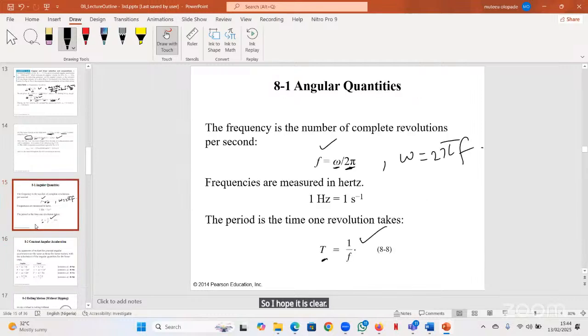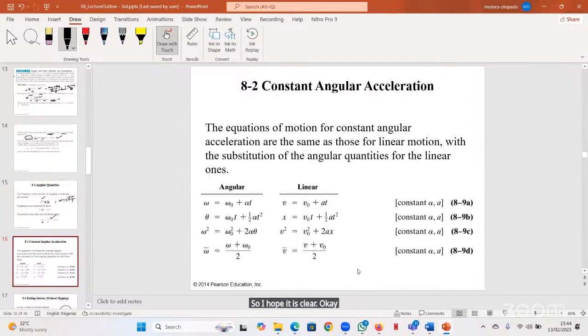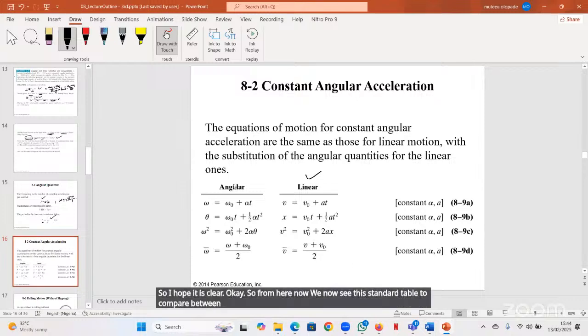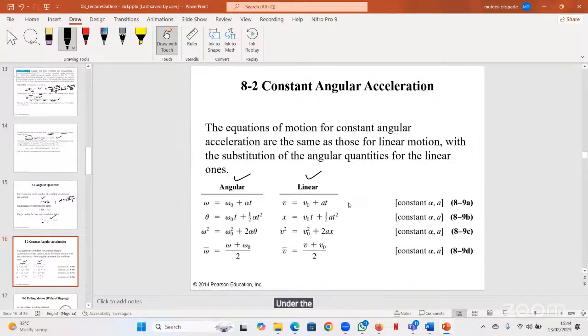Yes, sir. Okay. So from here now, we see this standard table to compare linear motion and angular motion. Under Newton's laws of motion, we have this, we also have this.